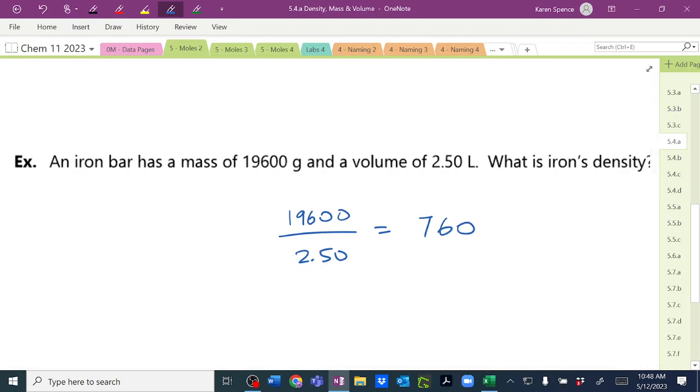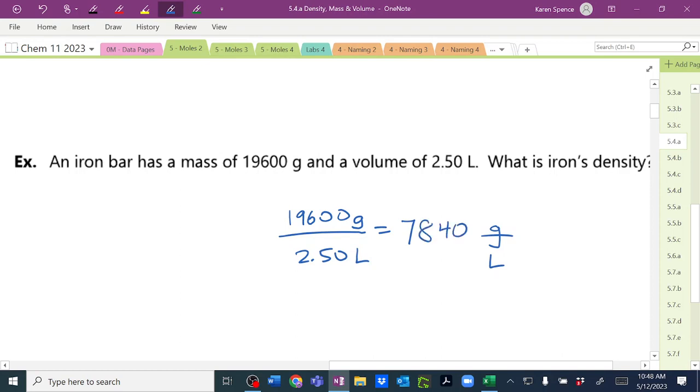Okay, what else is wrong with this? Units. So we need to have grams, and we need to have liters, and we need to have grams per liter. Let me try this again. 19,600 divided by 2.5 is 7,840.